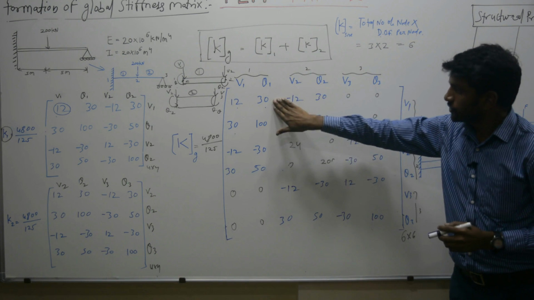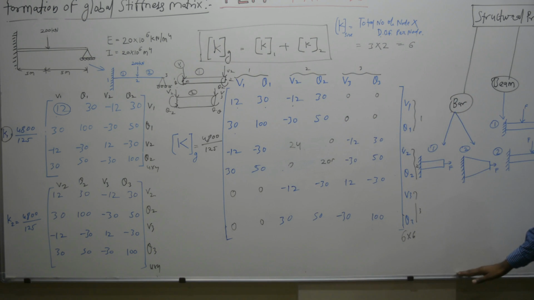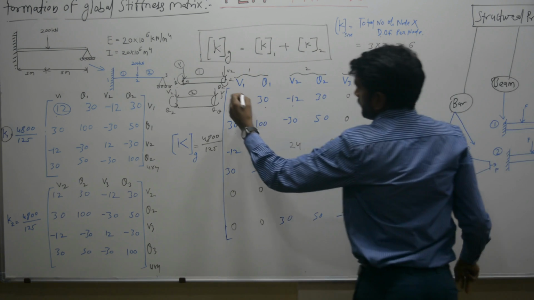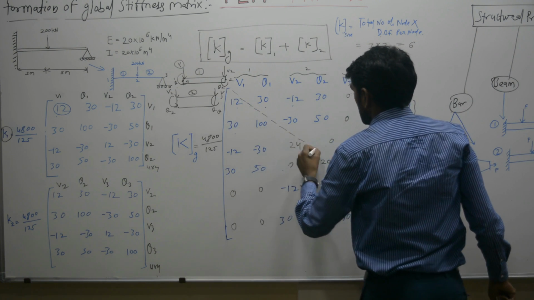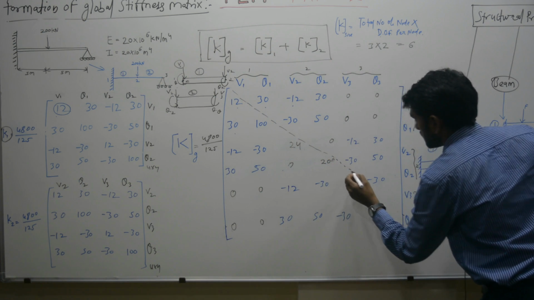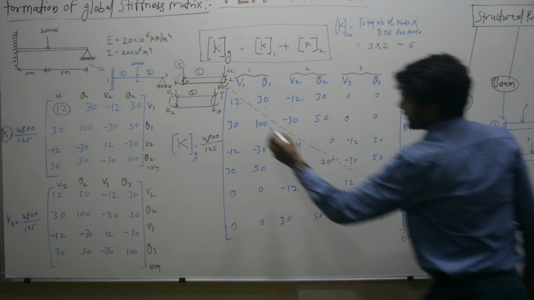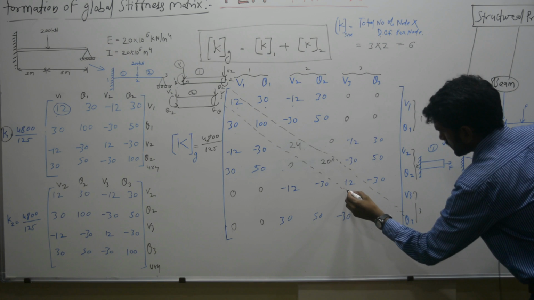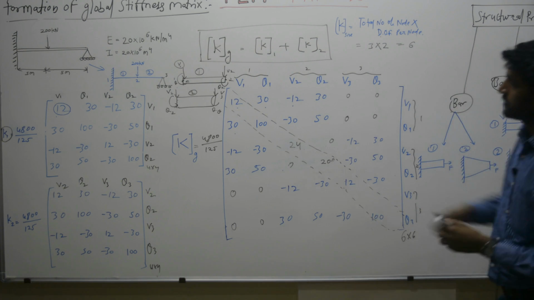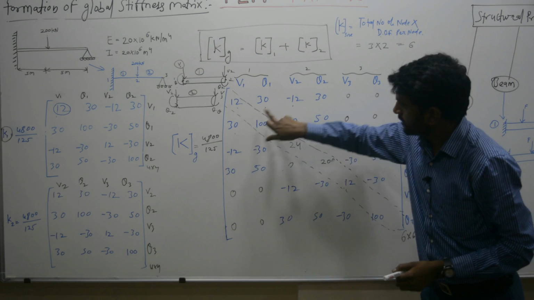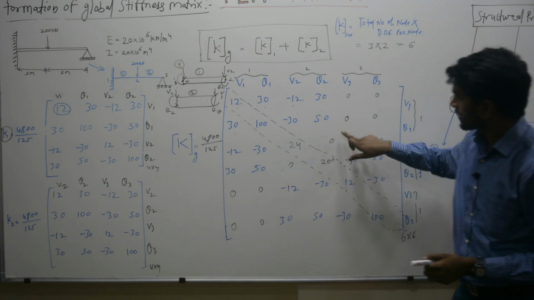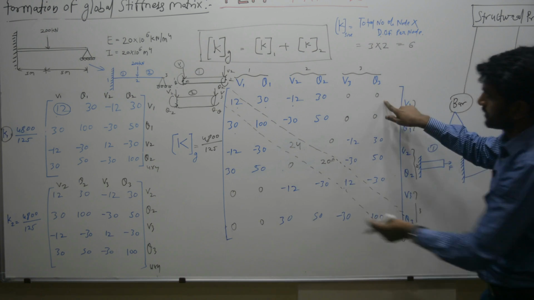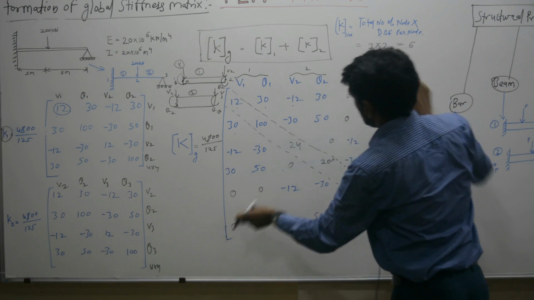Now how to check whether my stiffness matrix is correct or not? There is a specific property that the stiffness matrix is square, and if you draw the diagonal, it should be symmetric about it. This is your diagonal, plus here 30, 30, minus 30, minus 30, this 0, over here 0, minus 30, minus 30, minus 30, minus 30, then this is 0, 0, 30.